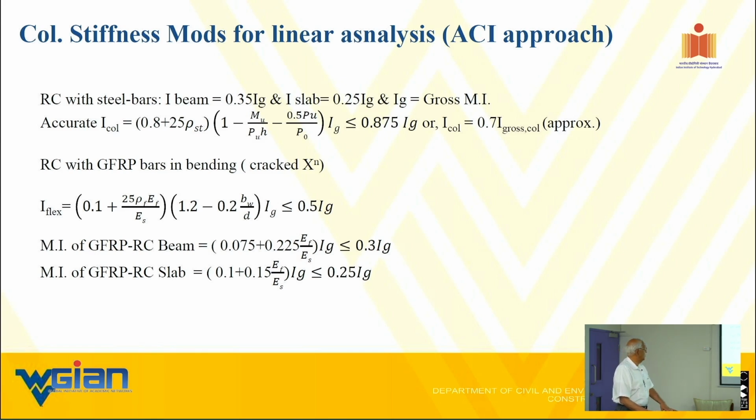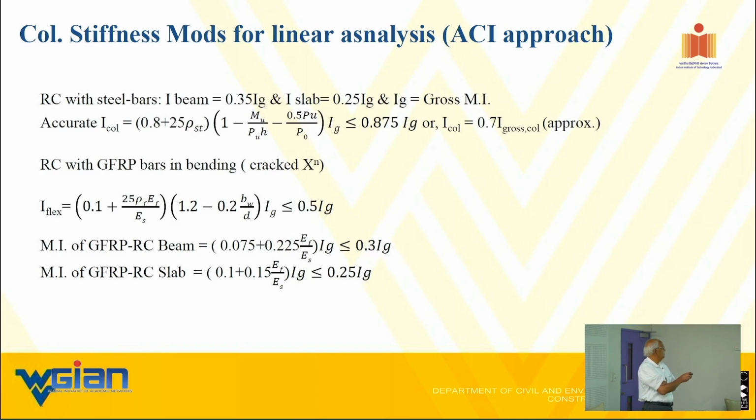Okay, now what they are showing you here, please look. For linear analysis, for steel bar, I-beam, 0.35 Ig, slab is 0.25, where Ig is the gross moment of inertia.